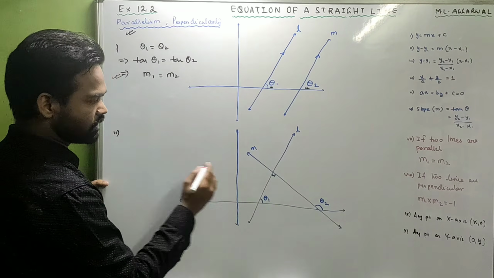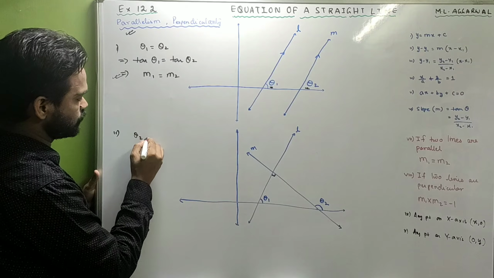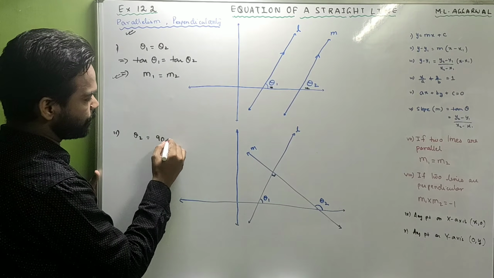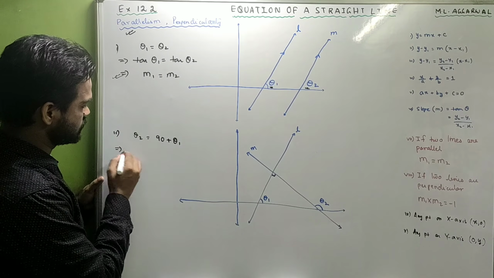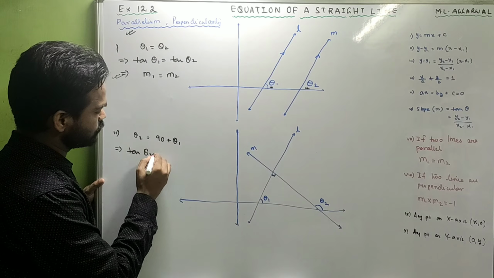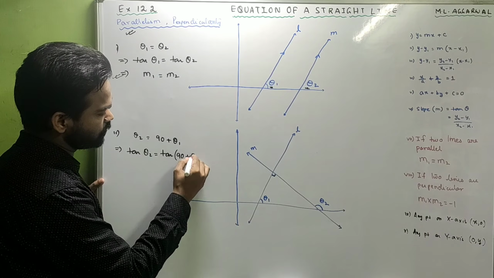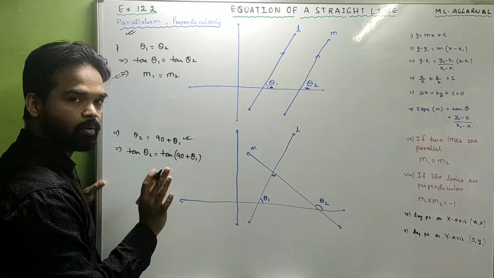If you look at this triangle, can I write theta 2 is equal to 90 plus theta 1? Which means if I take tangent on both sides, tan theta 2 is equal to tan of (90 plus theta 1). This is because the exterior angle equals the sum of the opposite interior angles.